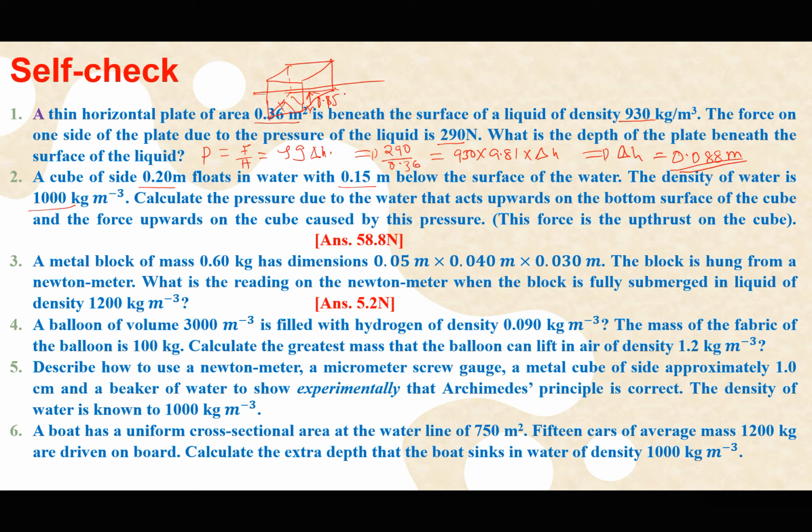So calculate the pressure due to the water that acts upwards on the bottom surface of the cube. The pressure is going to be density times g times h, which would be 1000 times 9.81 times 0.15.